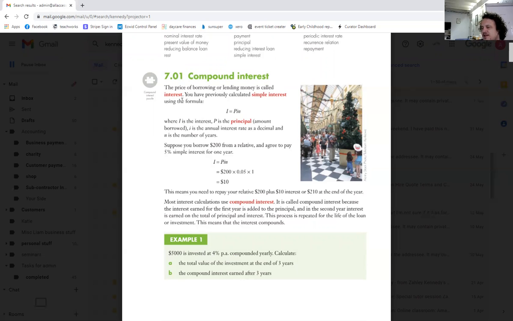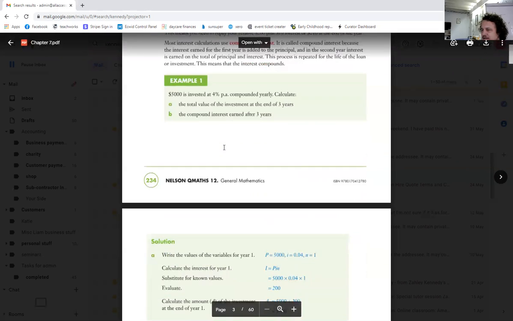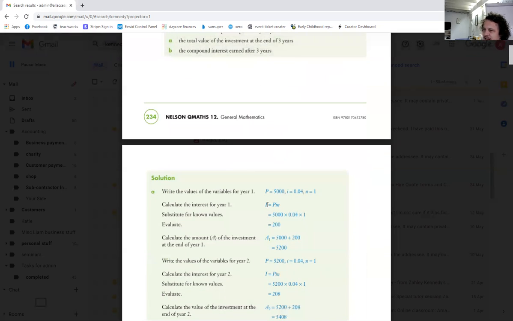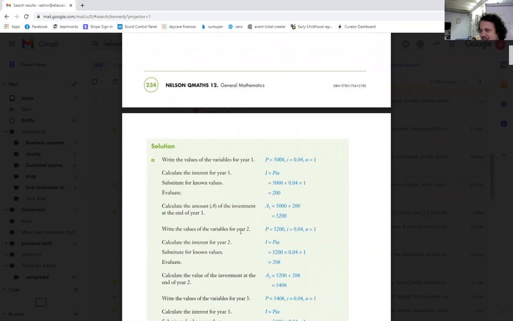So we can sit here and do it this way. At the end of the first year, we have 5,200. At the end of the second year, we have 5,408.